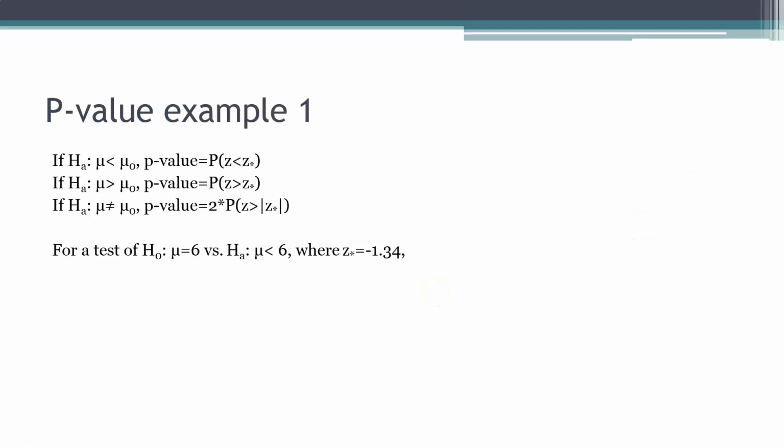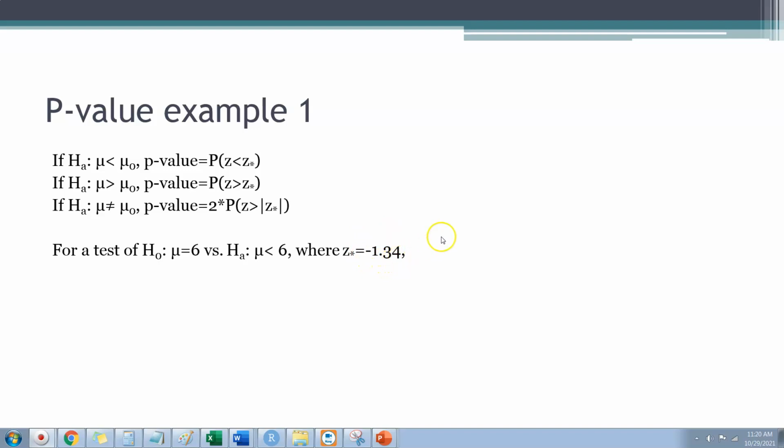All right, so let's do some examples. Let's suppose that we are doing a problem, and we've got these hypotheses and this test statistic. What matters here is that in this alternative hypothesis, the sign is less than. So that means we're going to go up here and look for the one that says less than, and that's this one here. So our p-value is going to be the probability that z is less than the test statistic. They're telling us that here we've got a test statistic of negative 1.34.